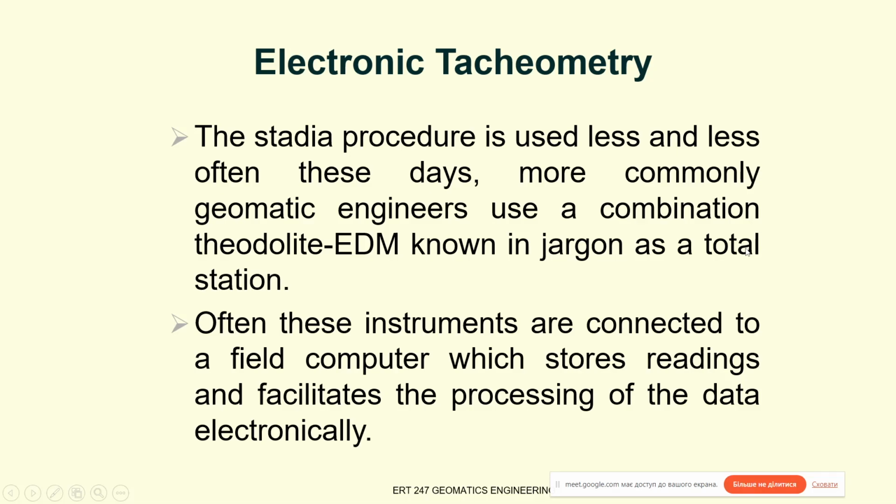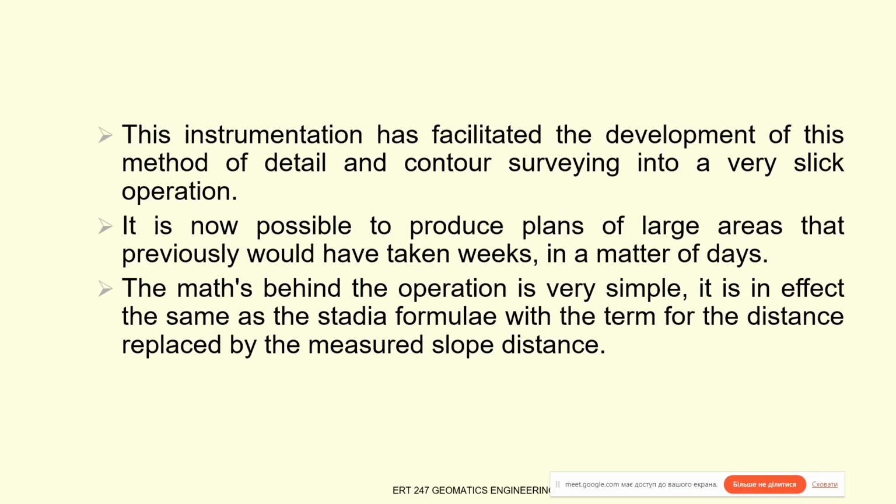Total means that this total station is able to measure all the necessary dimensions: the distances, the angles, and the vertical distances. Often these instruments are connected to a field computer, which stores readings and facilitates the processing of the data electronically.